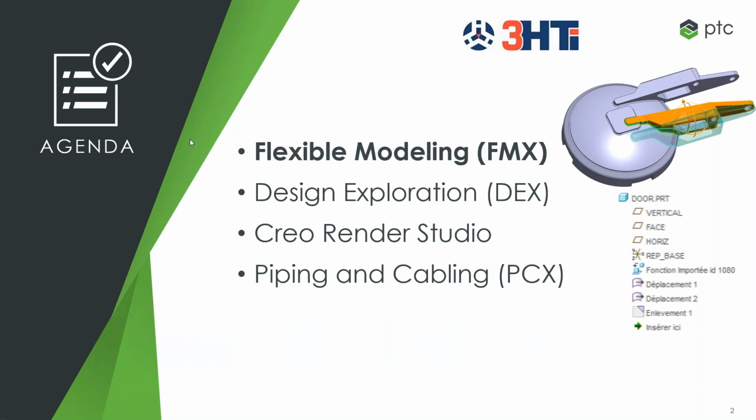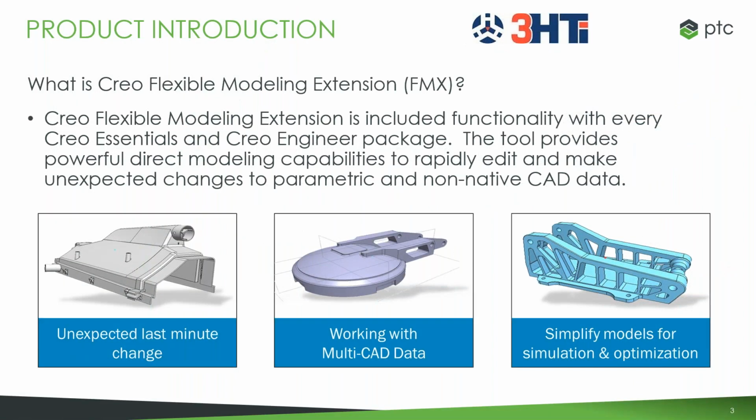So flexible modeling is an extension that allows us to do a lot of direct modeling capabilities. So going in, picking on geometry, moving it, manipulating it however we want, but really quickly and easily, and without much fuss or having to worry about features failing, anything like that.